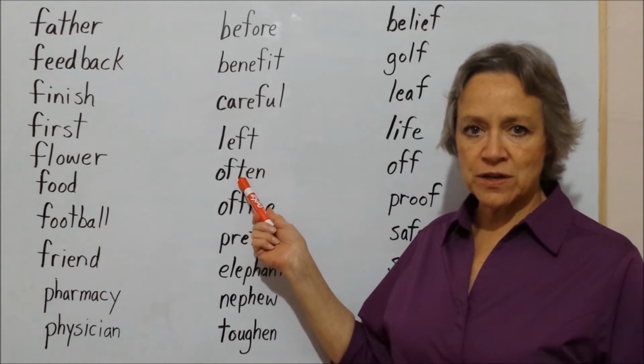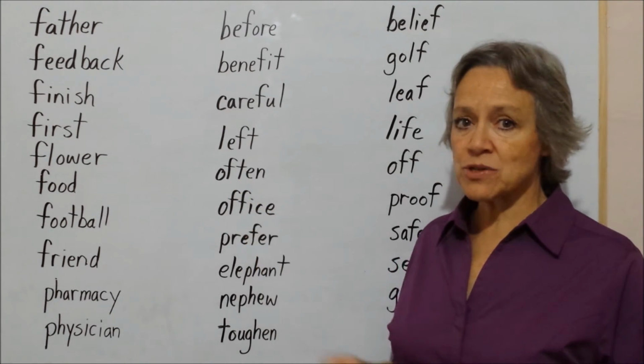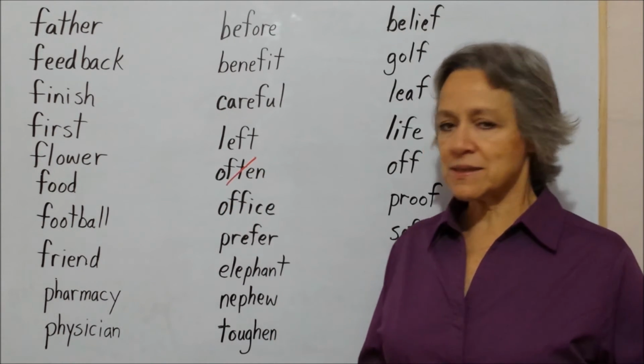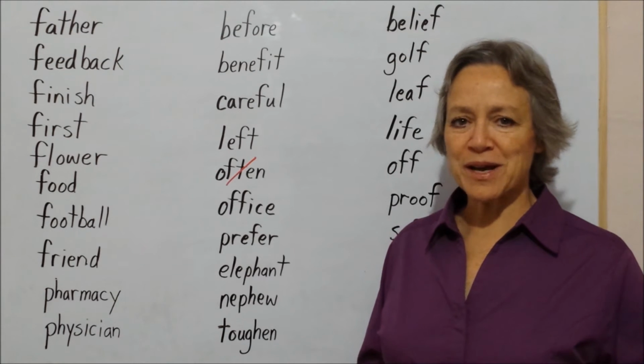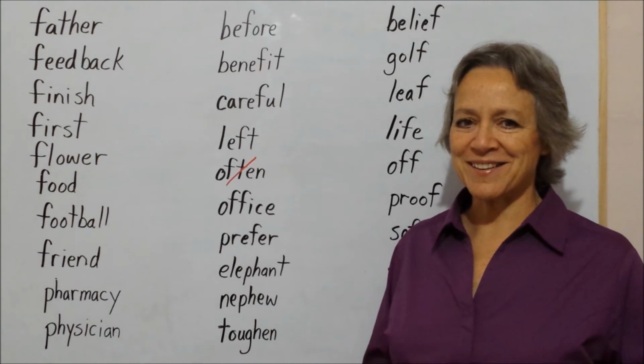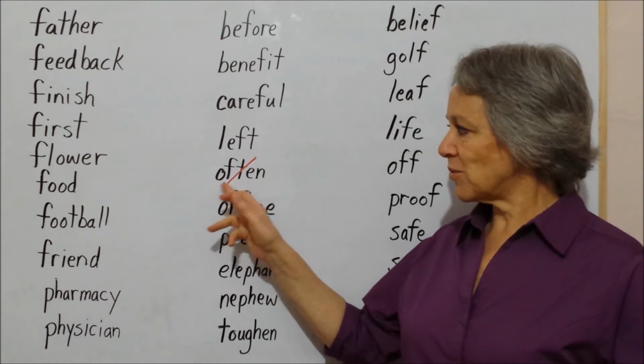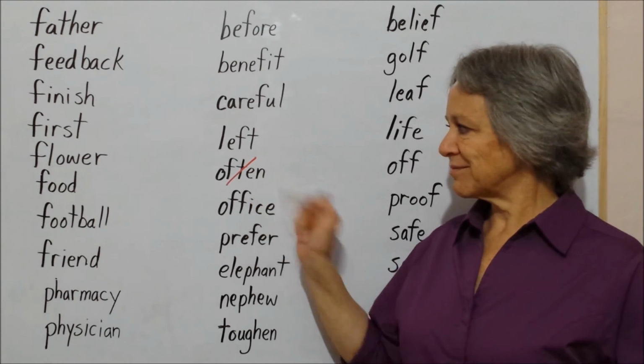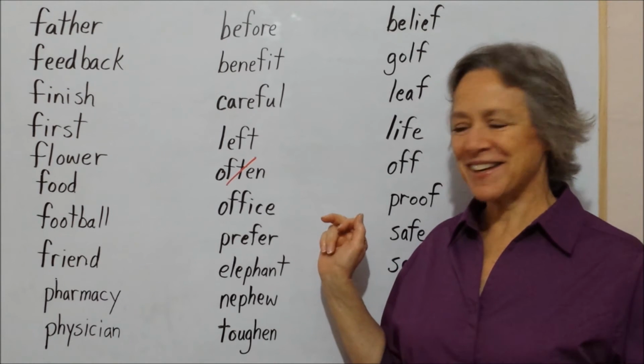This is often, but I did not pronounce the T in this word. Some people pronounce it, but many others do not, okay? I don't pronounce it, so in this word I just say often, and I prefer that pronunciation, okay?